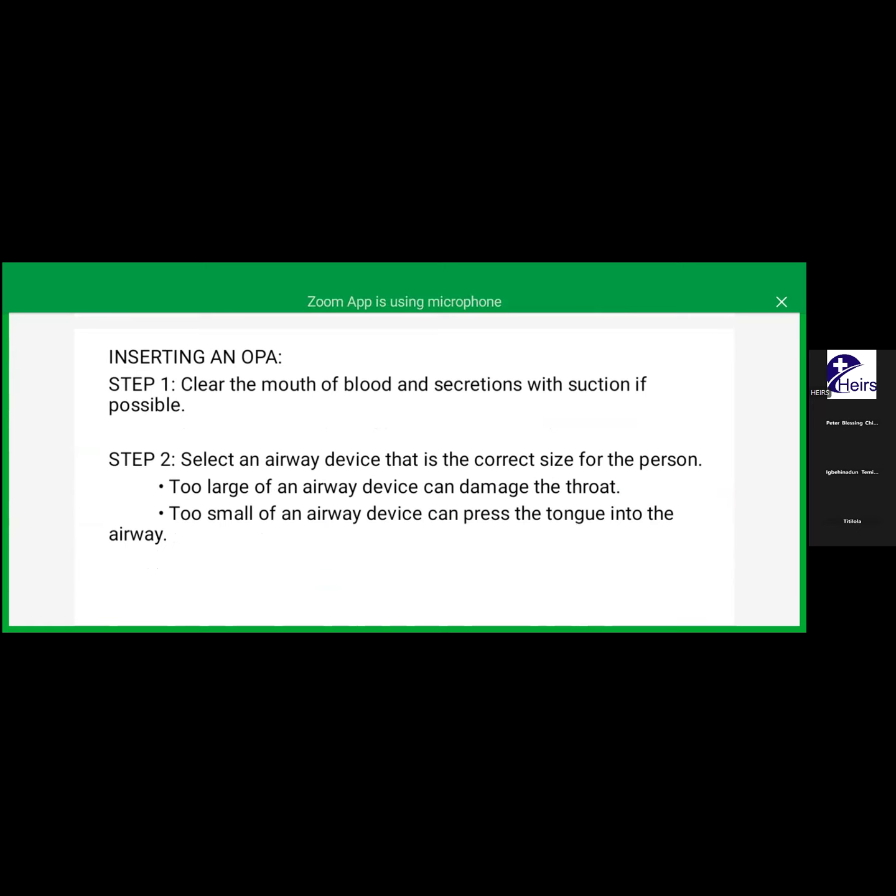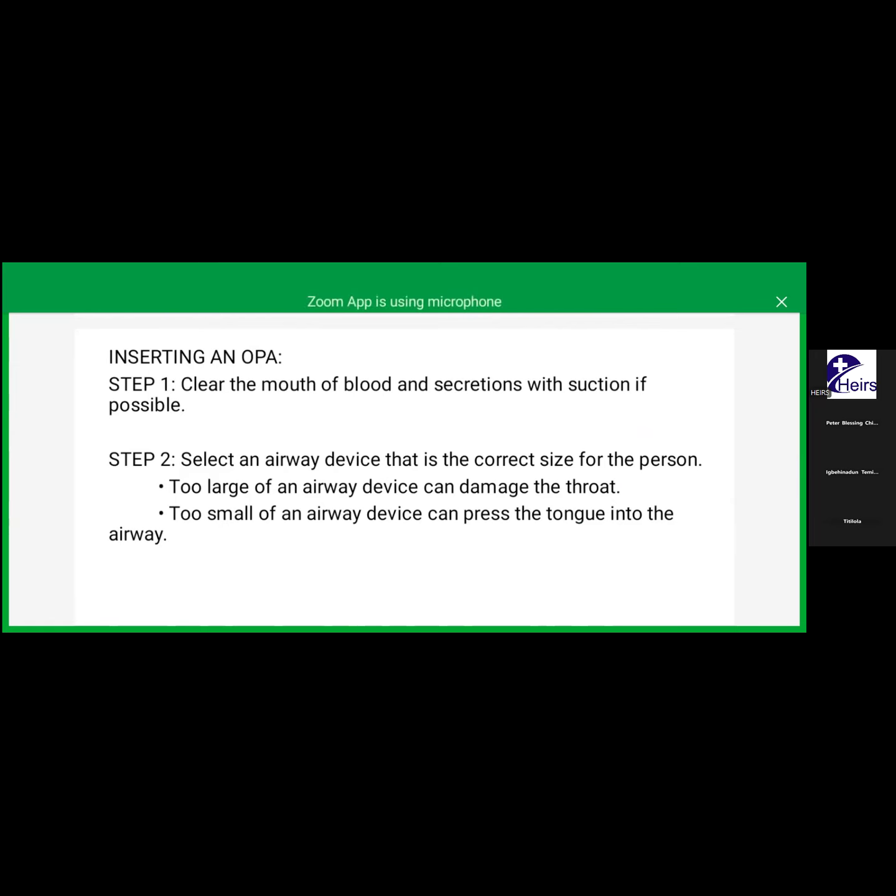If you see that this patient has secretion all over the mouth, suction the patient. You suction the patient, you check the SpO2, and it's not satisfactory, then you can go ahead and insert one of these. If the patient is conscious, go ahead and put a nasopharyngeal airway. If the patient is deeply unconscious, go ahead and put an oropharyngeal airway.